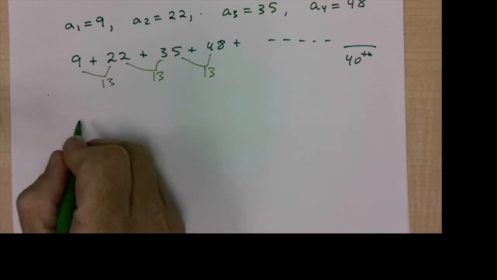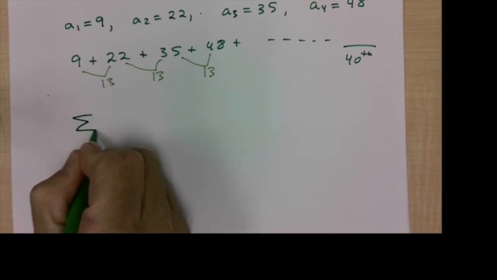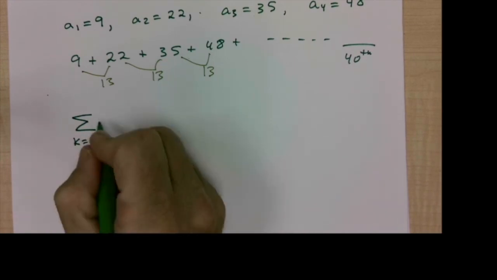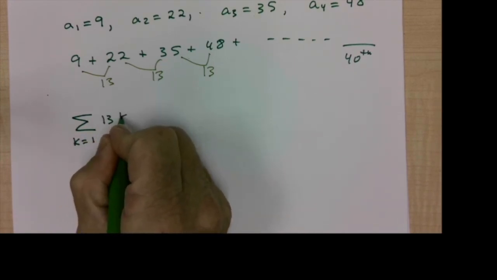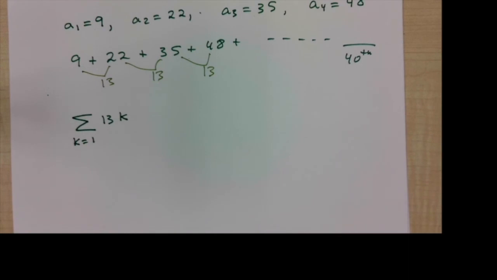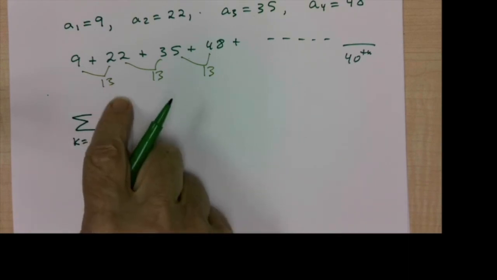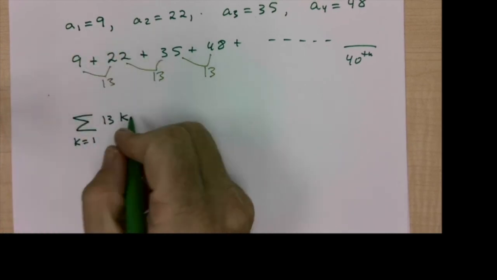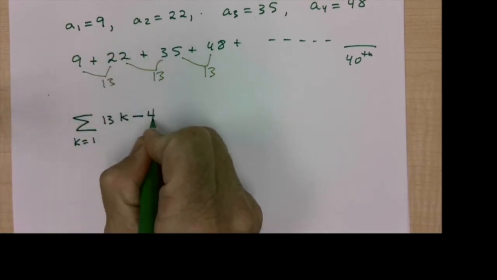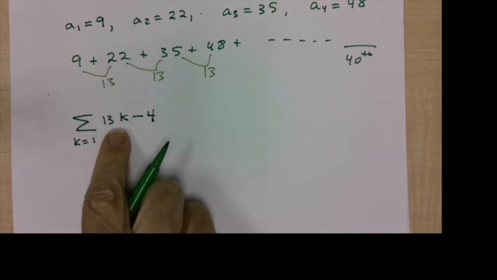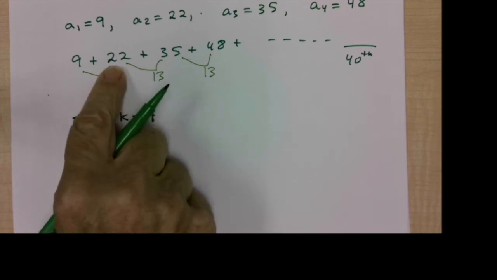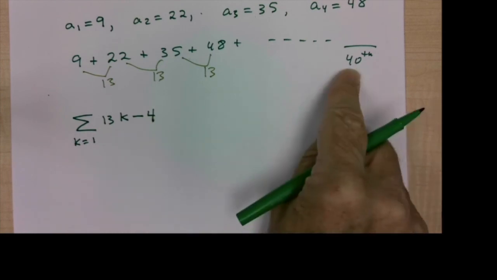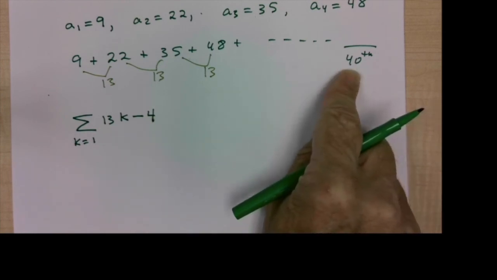So if we're looking at this, we're going to say when k equals 1, I have 13k plus or minus something. But when k is 1, 13 times 1 is 13. I need it to be 9. How do I go from 13 to 9? Subtract 4. 13 times 2 is 26, minus 4 is 22. 13 times 3 is 39, minus 4 is 35.